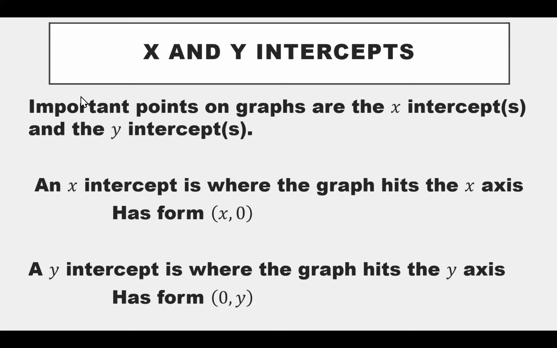And equations can sometimes have multiple x-intercepts, they can have multiple y-intercepts, or they might have just one x-intercept or one y-intercept, or sometimes 0 x-intercepts and 0 y-intercepts. It kind of depends on what the equation looks like.